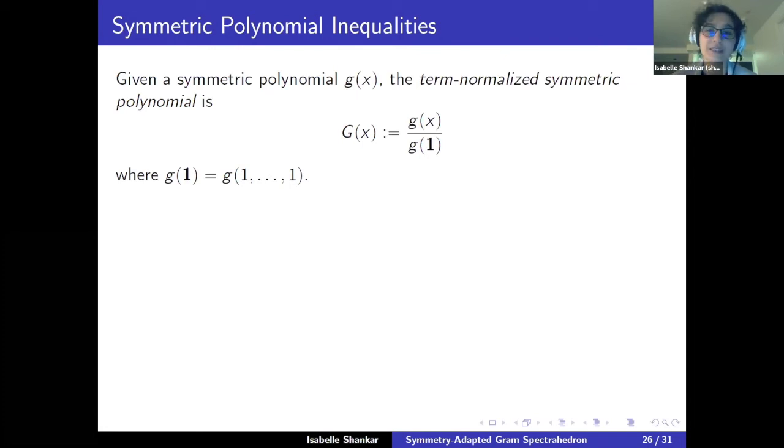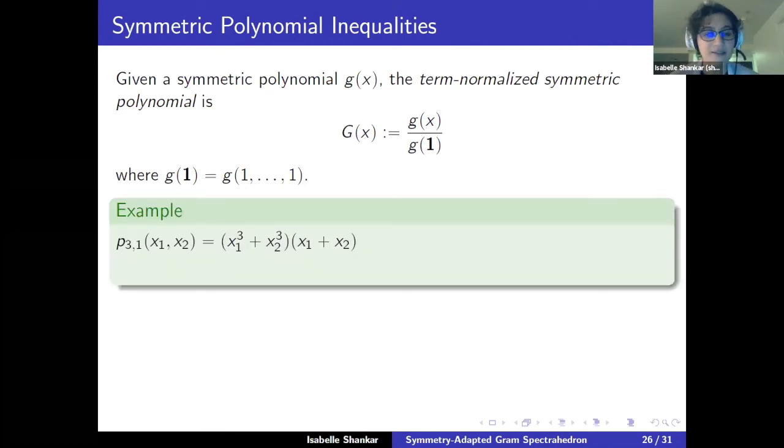All we're doing is dividing by some normalizing factor. We take our polynomial G of X, evaluate it on the all ones vector, and then divide by that. As an example, here's the power sum symmetric polynomial with respect to partition 3(1) in 2 variables. If we evaluate this on the all ones vector, we get 2 times 2, so 4.